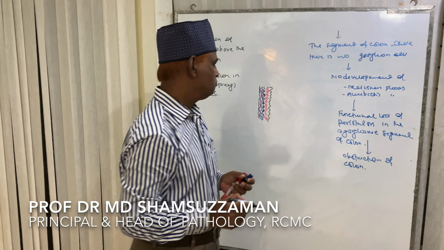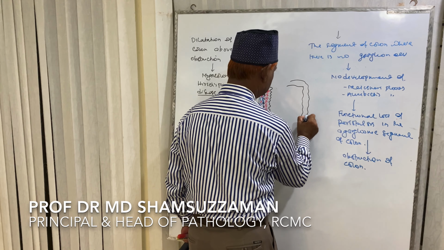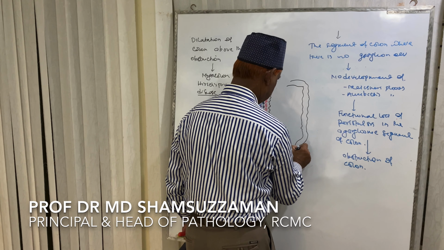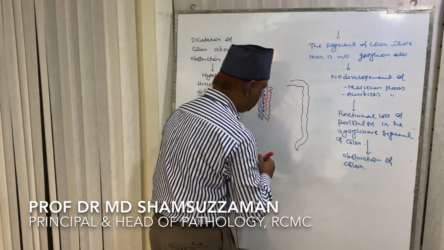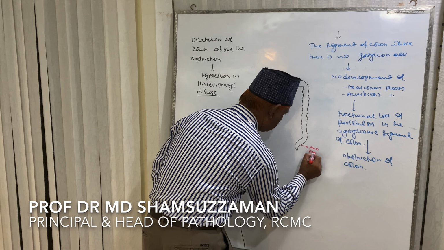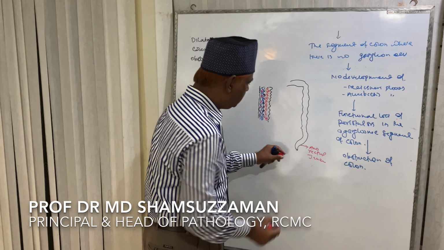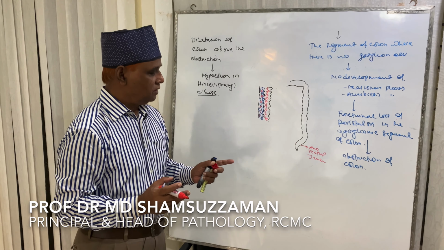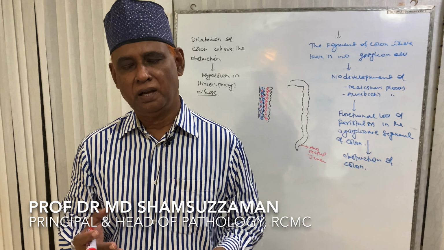Dear audience, if this is the colon, and if this is the anorectal junction. Usually there will be absence of ganglion cell in the anorectal junction in Hirschsprung disease.